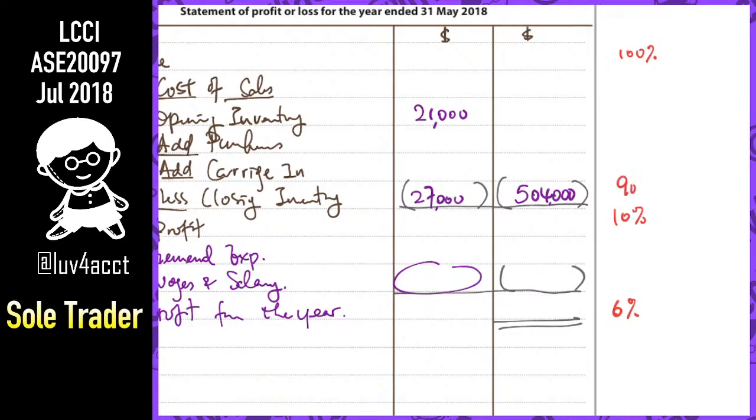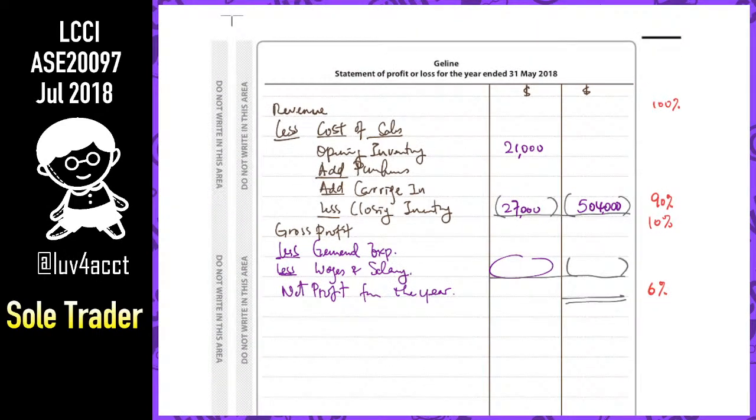Cost of sales this time will be 90% of revenue. So if 504 is 90%, then we have 560,000 as the sales.